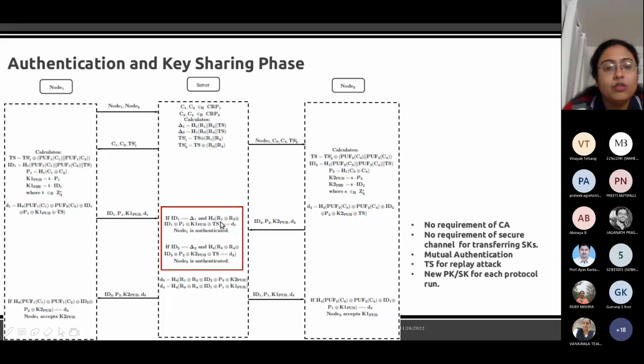Okay. So now the server, because it has access to these CRPs, can authenticate node 1 and node 2, as well as authenticate whether this public key has been truly generated from node 1 and node 2, because no one can actually predict this R1, R2, R3, R4 except node 1 and node 2, right?